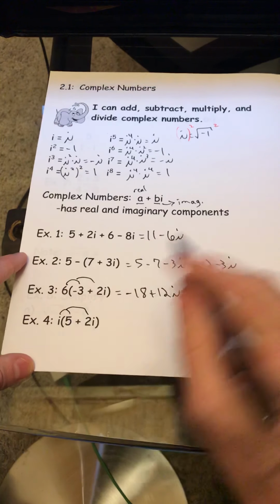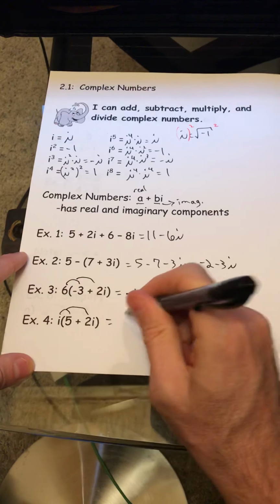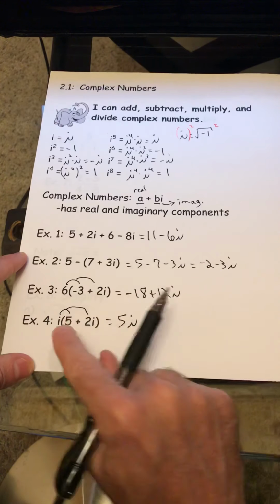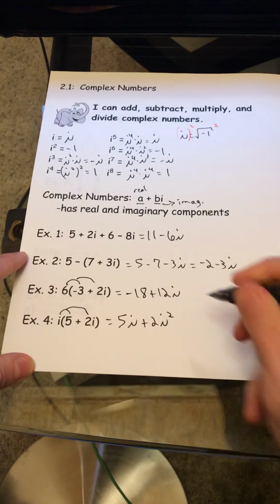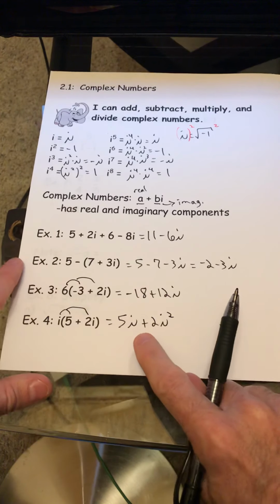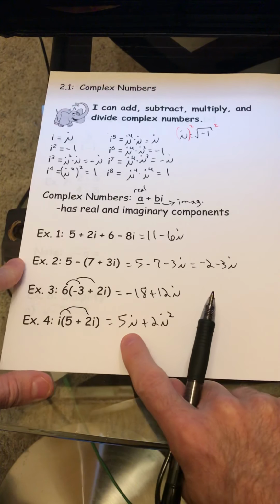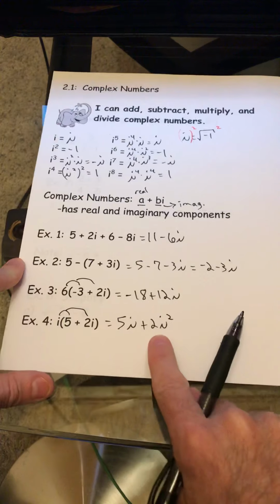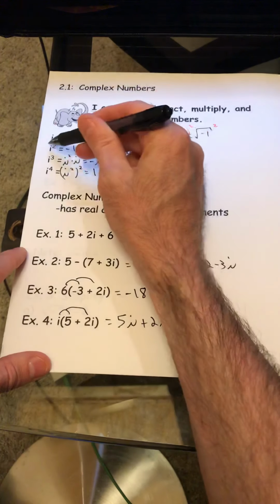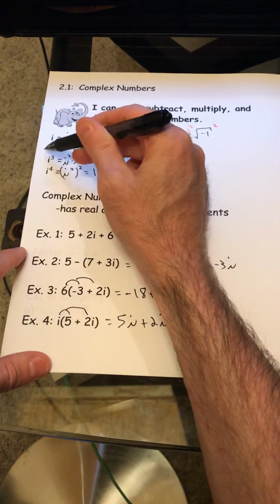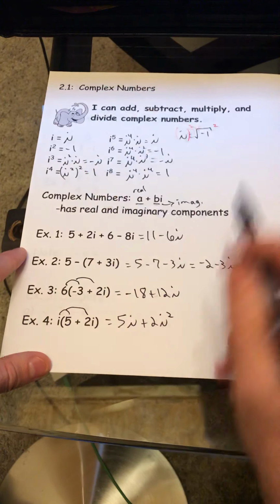Example 4, again, we'll distribute. I times 5 is 5i. I times 2i is 2i squared. Now, if these were just variables, you'd be done. But coming back up to these definitions, i squared is -1.